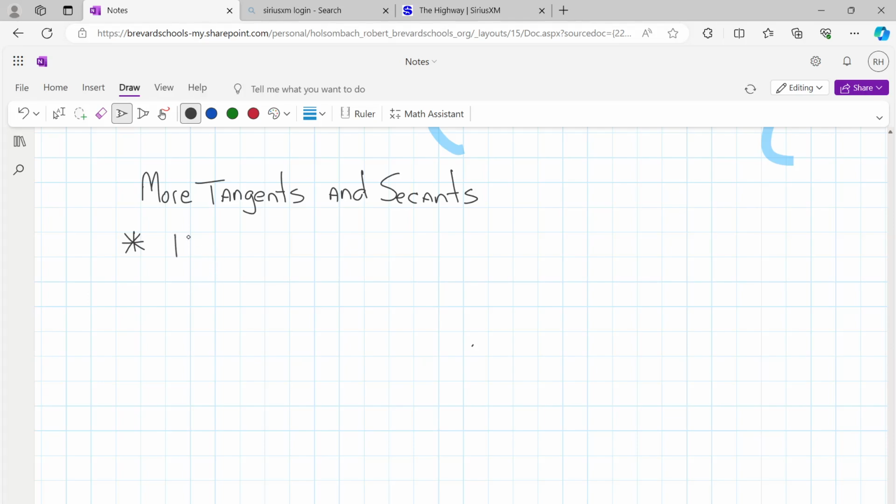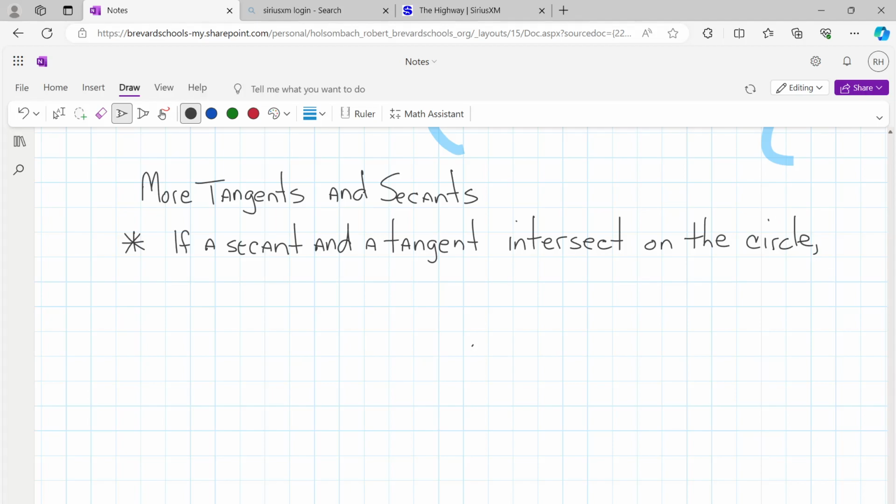If a secant and a tangent intersect on the circle, then the measure of each angle is 1/2 the intercepted arc.